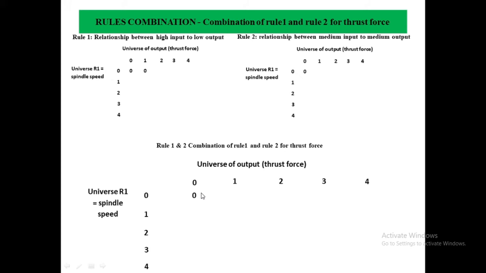After that, one discrete value has 0, and one discrete value in the output function is also 0, so the combination is also 0. Then you see in my animation 0, 0, 0, 0, 0. Likewise, you may arrange the new table, which is the rules combination table.